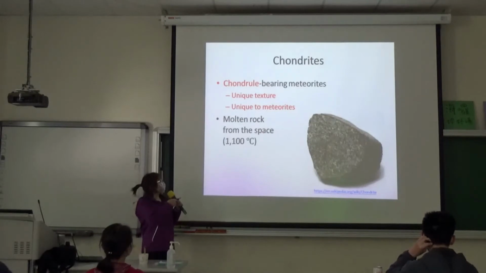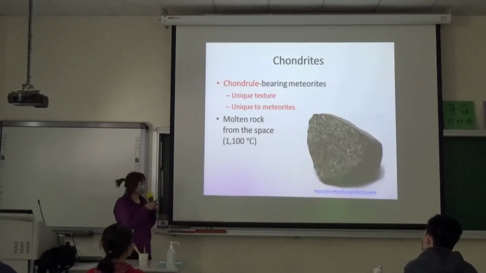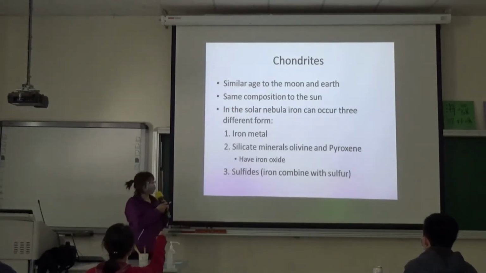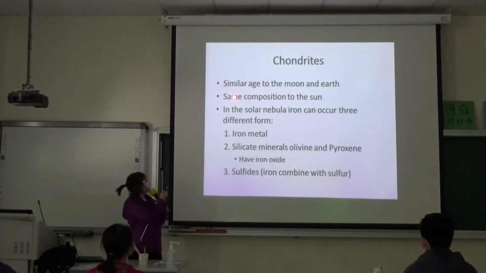It's formed from molten rock at a temperature of 1,100 degrees Celsius, and we found that it had a similar age to the Moon and the Earth, and a similar composition to the Sun.